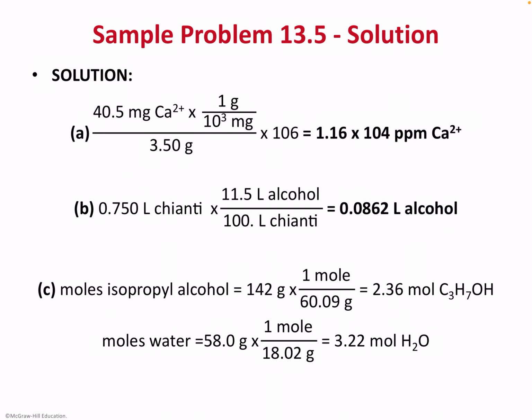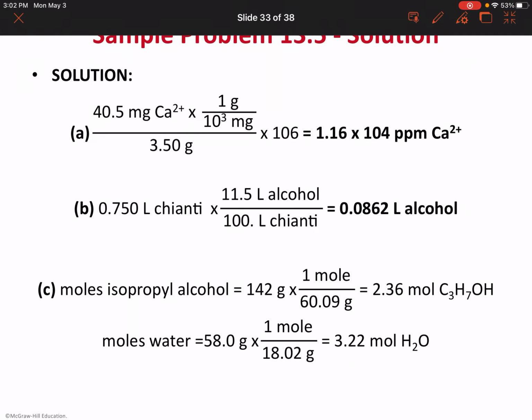Then it has to be parts per million. If you take a million parts, what's that going to be? So you multiply it by a million. Million is 10 to the power 6. So this needs to be 10 to the power 6, not 106. That's a typo right there. And this needs to be 10 to the power 4, not 104. So 1.16 times 10 to the power 4.